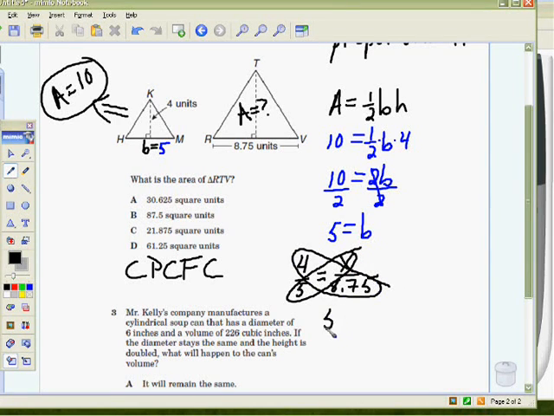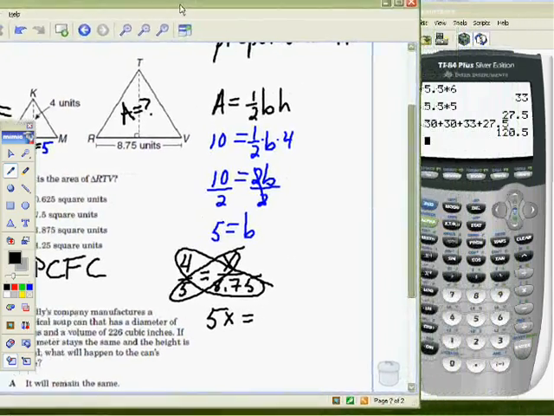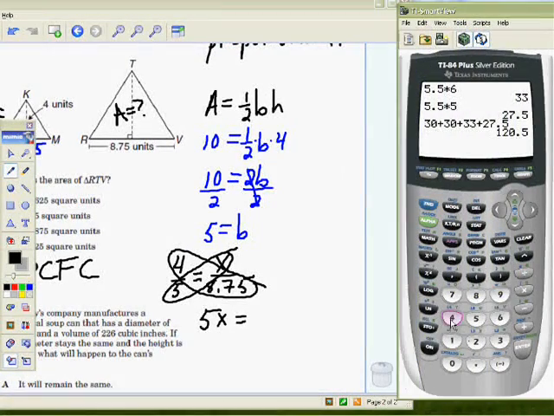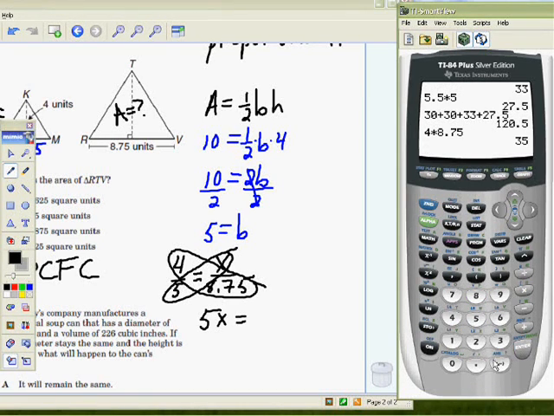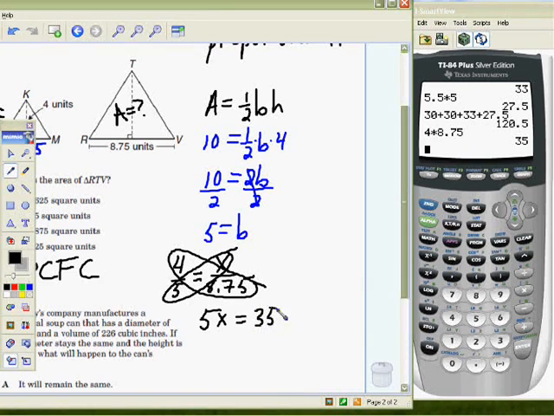I get 5x is equal to 4 times 8.75, and I get 35. So 5x is equal to 35. Divide by 5, and I get that x is equal to 7.